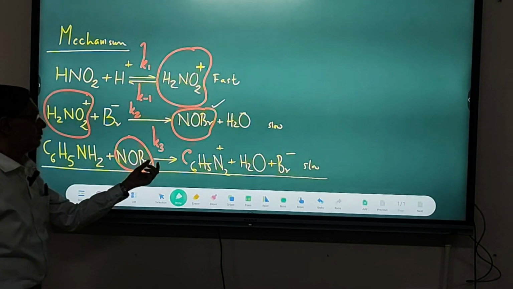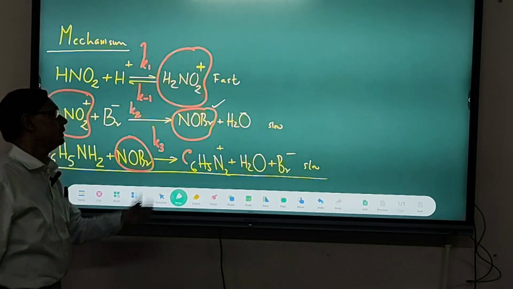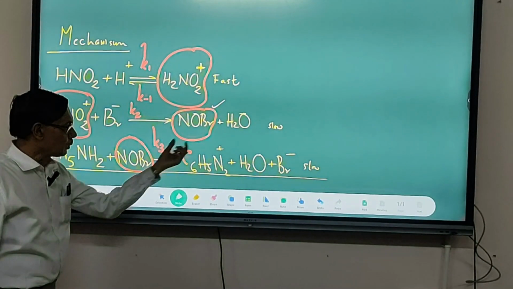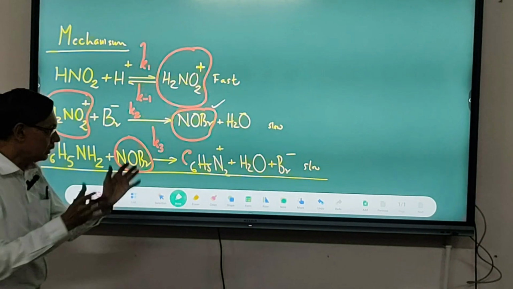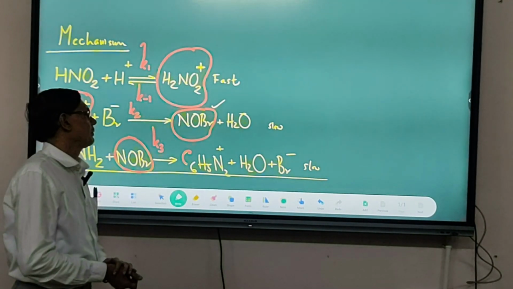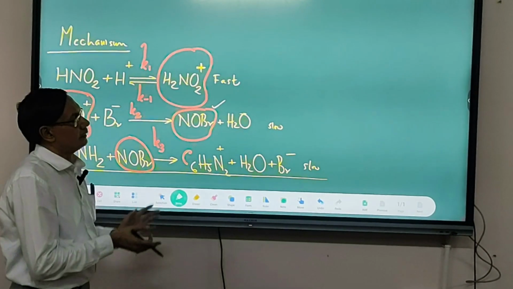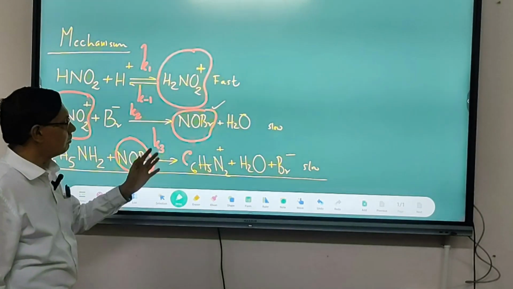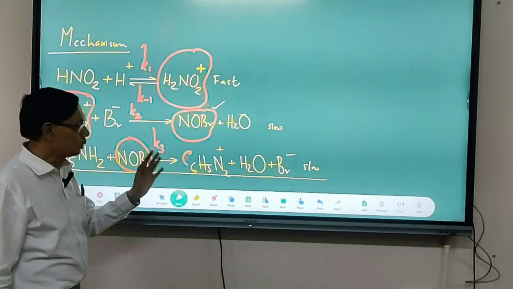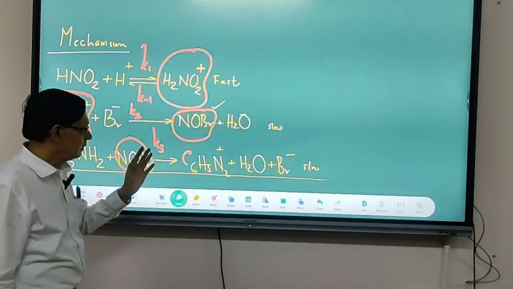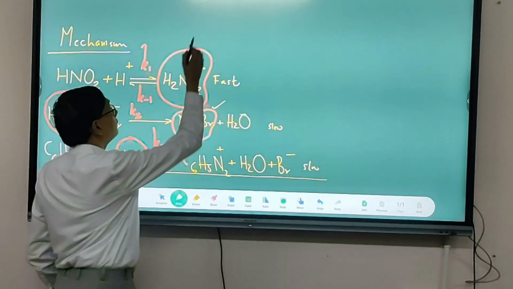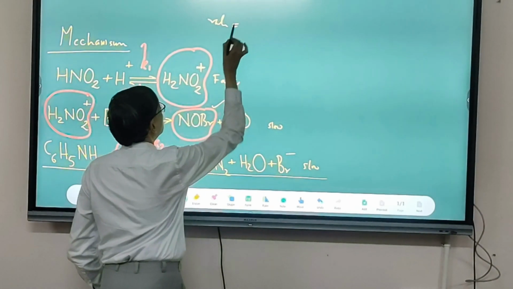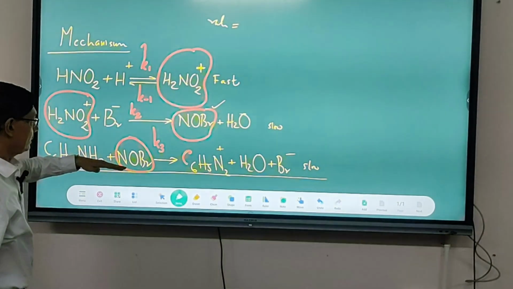But if I consider step number 3 where the final product is formed, and I monitor the concentration of the product, I can determine the rate. So as a matter of convenience, step number 3 should be the rate determining step. So therefore I can write rate is equal to the third step.